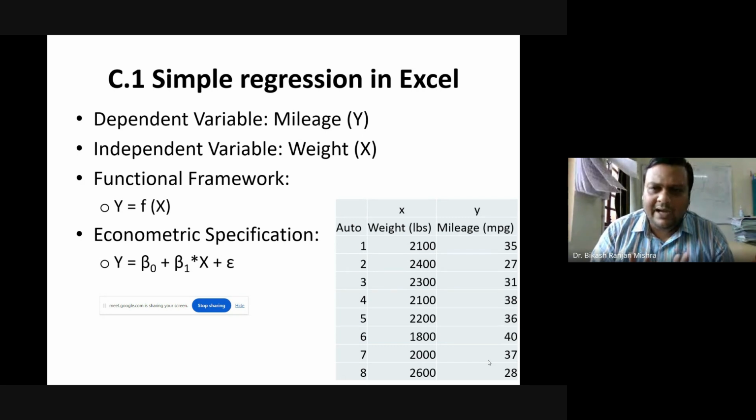Otherwise, you may get an idea theoretically, but where to fit and how to fit will be a problem. So, keeping that in mind, let us start with a simple regression in Excel.